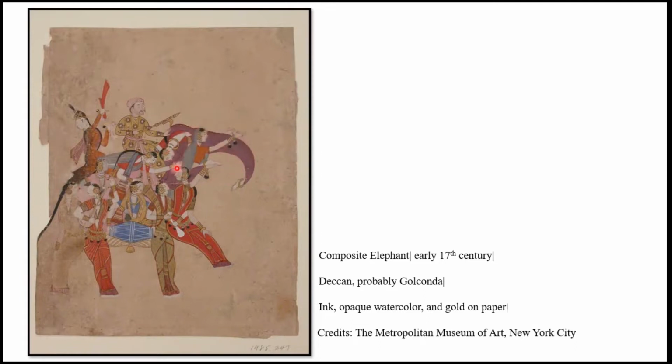And this woman's extended arms form the tusks of the elephant. You also see a rider, the elephant goad in hand, seated atop the so-called elephant, and he's accompanied by another woman with a whisk.